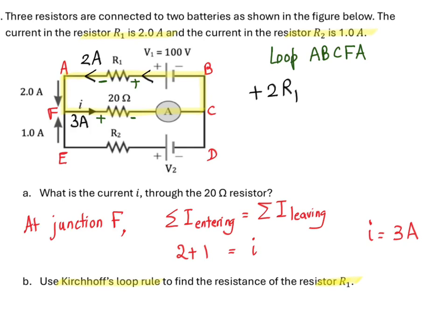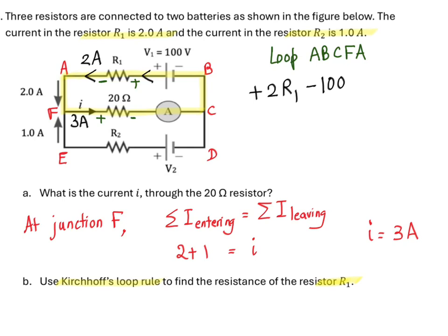V equals IR, so I'm trying to write the potential for R1, which is current multiplied by resistance. So 2 ampere, so 2 multiplied by resistance R1. Then the cell: when we cross it, we reach the negative side of the cell, so that is negative 100. Then B to C, we don't have anything.